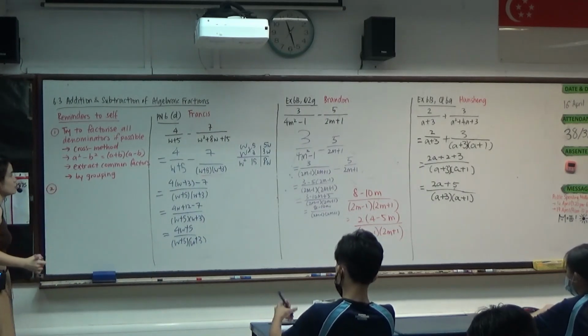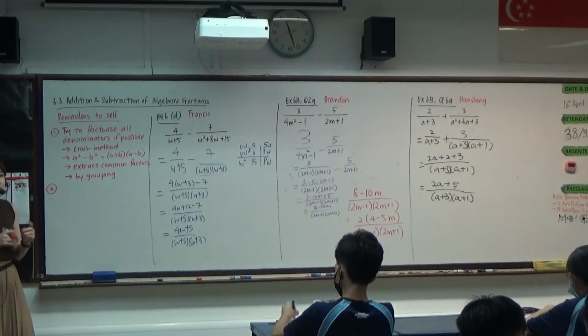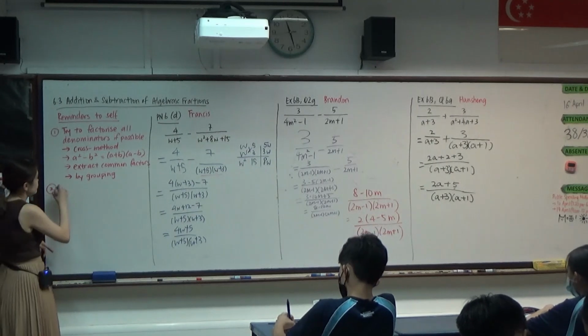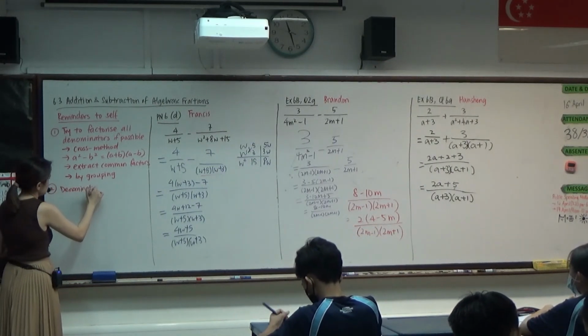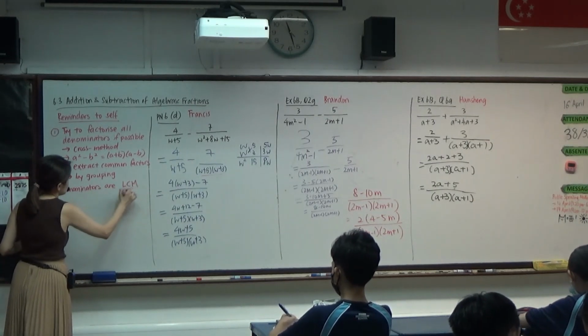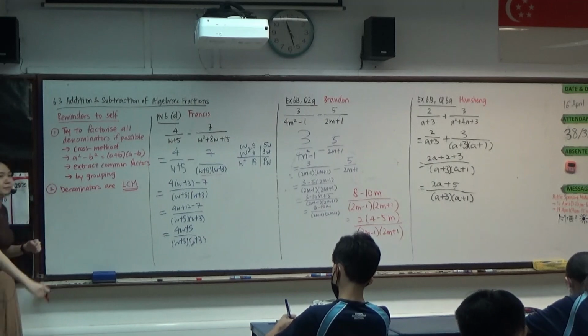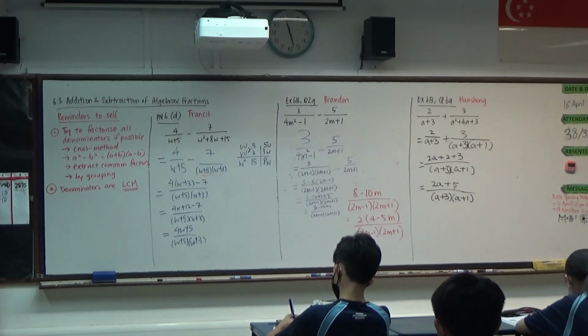What other things will you want to remind yourself about? The denominator needs to be what kind? Must be the lowest common multiple, right? Lowest common multiple, LCM.